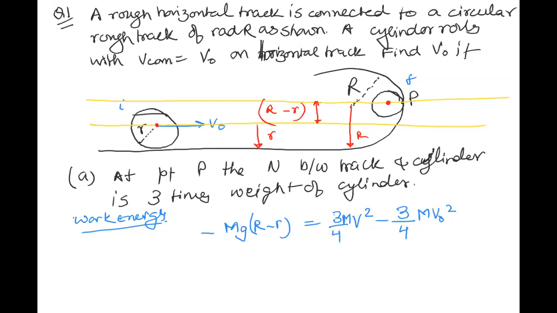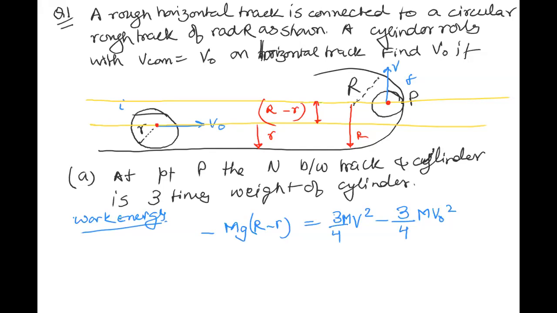Now I have written the equation. Unfortunately, there is a problem. The problem is that since the velocity of center of mass at this point I have assumed to be v, I have introduced another unknown. So I have written a single equation with two unknowns.